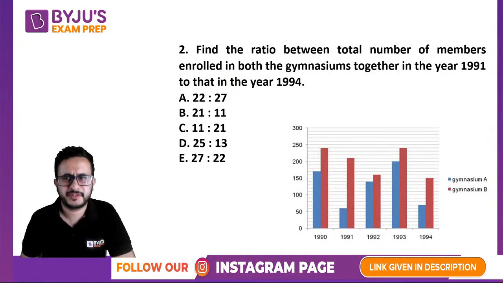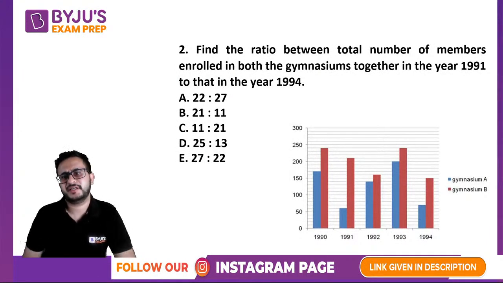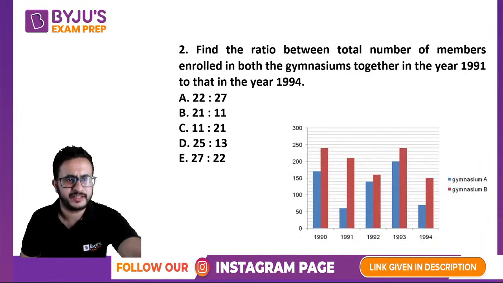Find the ratio between the total number of members enrolled in both the gymnasiums together in the year 1991 and that in 1994.